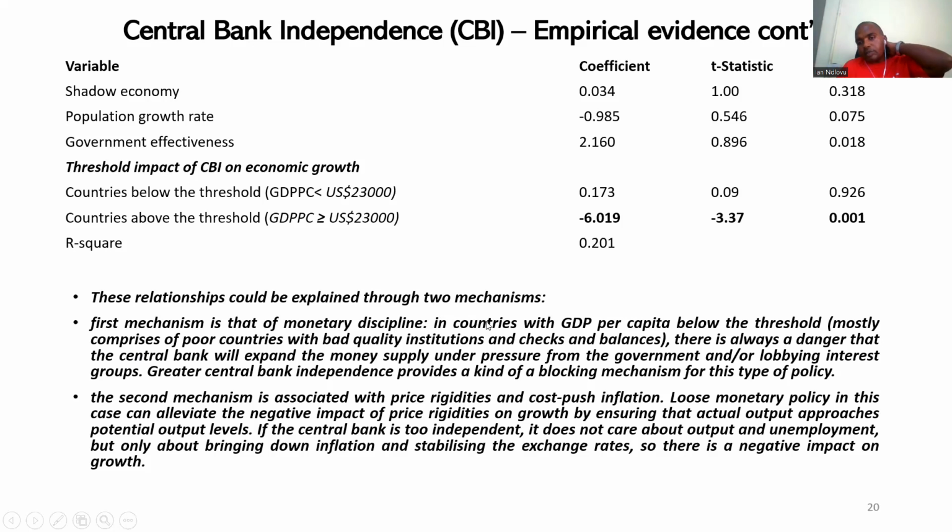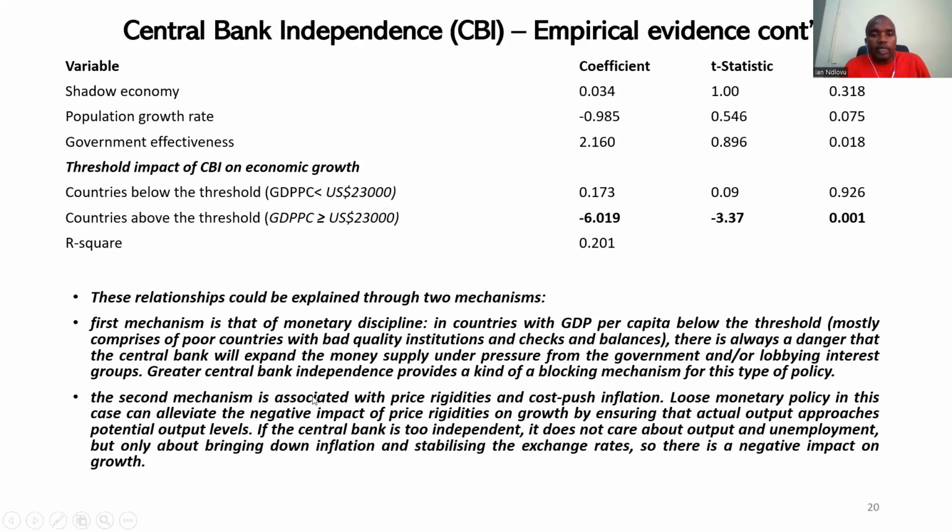In countries where GDP per capita is below the threshold, mostly comprising poor countries with bad quality institutions and a lack of adequate checks and balances, there is always a danger that the central bank will expand money supply under pressure from the government and or lobbying interest groups. Greater central bank independence provides a kind of blocking mechanism for this type of policy.